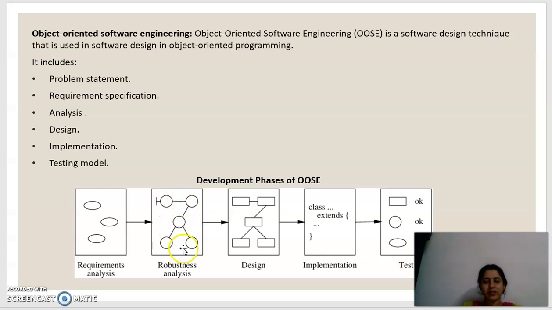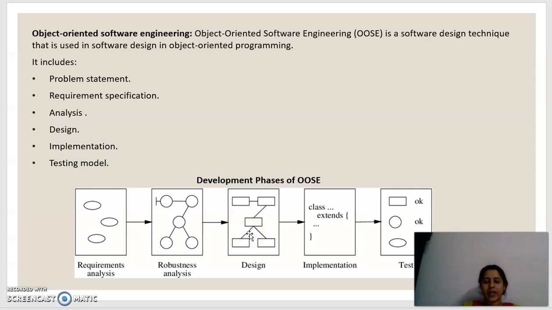Once the structure of the requirements is analyzed, then we design it. To design this application, we use UML. UML is the Unified Modeling Language. It contains different types of diagrams. One type is structural diagrams, another type is behavioral diagrams.